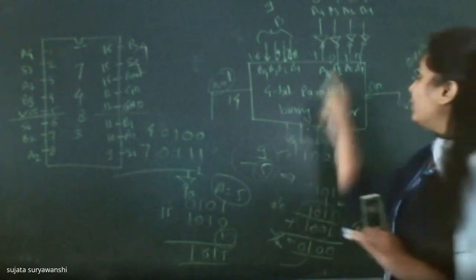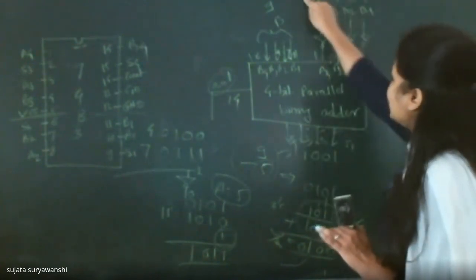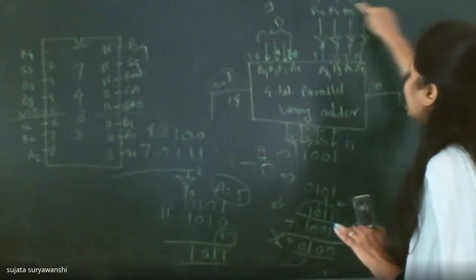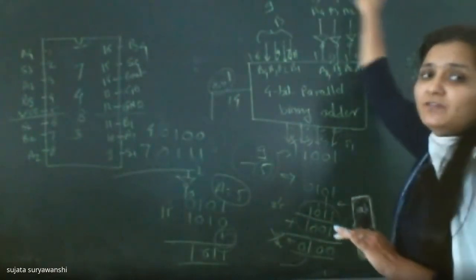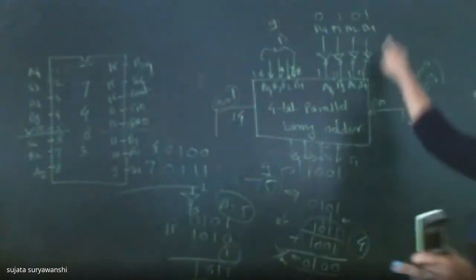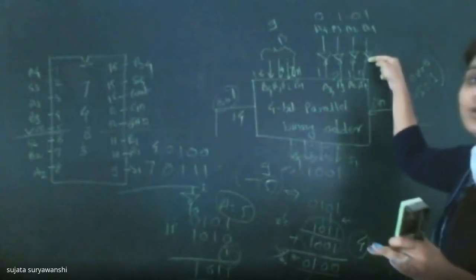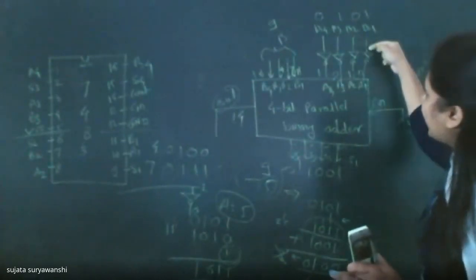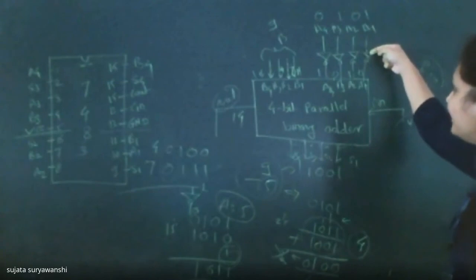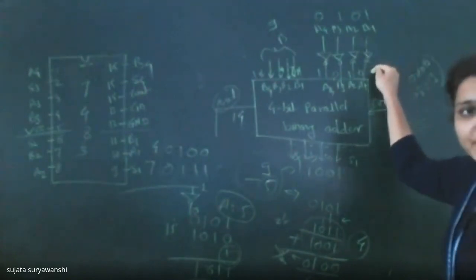So to use NOT gate here, we are passing this A number, that is 0101, not directly to IC 7483. We are passing these numbers through NOT gate. So here input of this NOT gate is 1, then output becomes 0.